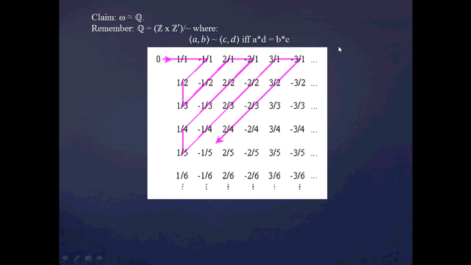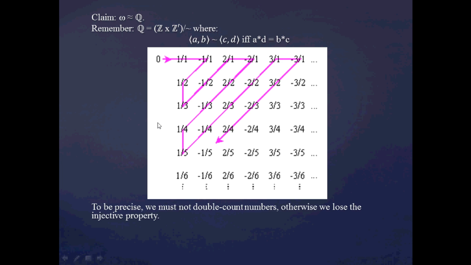And notice that I have to do this in this snake-like pattern, because if I count just across a row, if I start here and say 0, 1, 2, 3, 4, 5, 6, 7, and so on, I'm never going to actually finish any of the rows. So when I establish this bijection, I essentially have to capture this snake-like pattern that I'm weaving through the table.